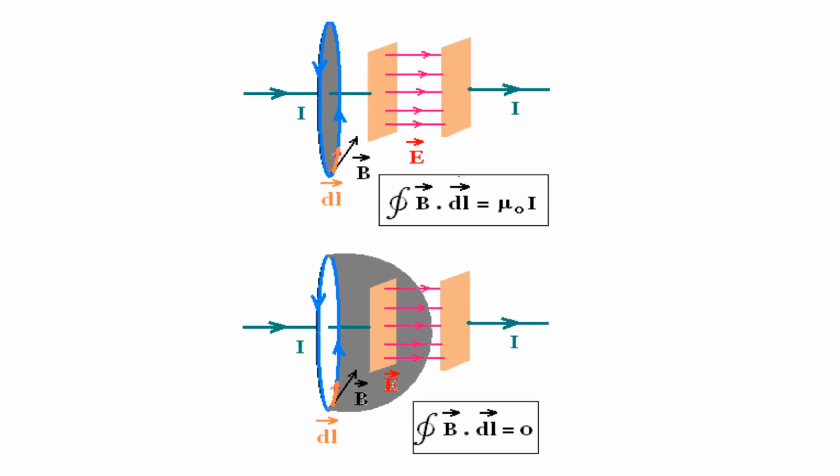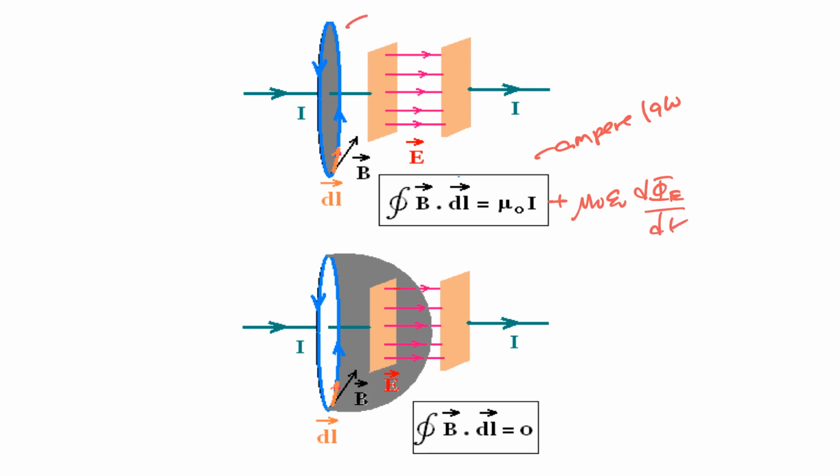Okay, basically this is Ampere's law for magnetic field. Here we need to improvise this formula a little bit, where we are going to get mu naught epsilon naught d flux E over dt.